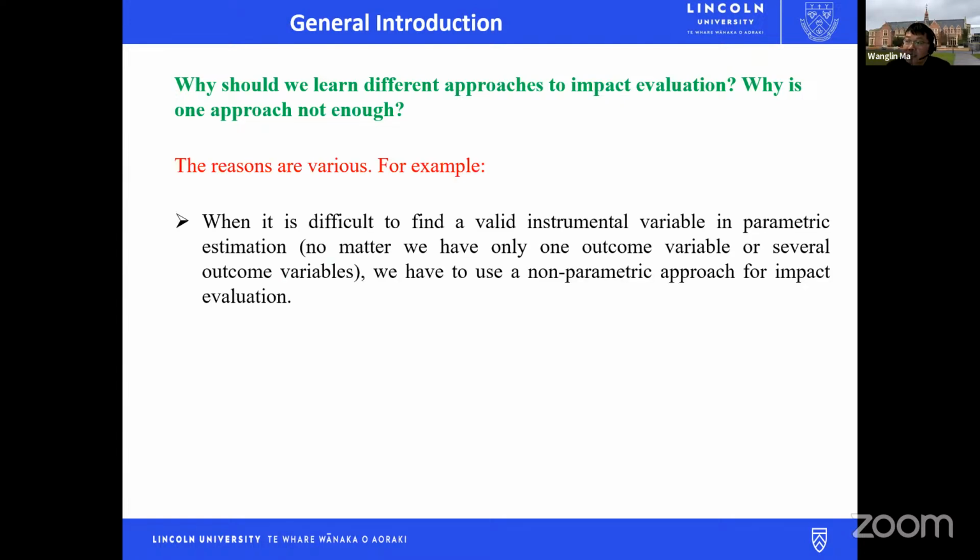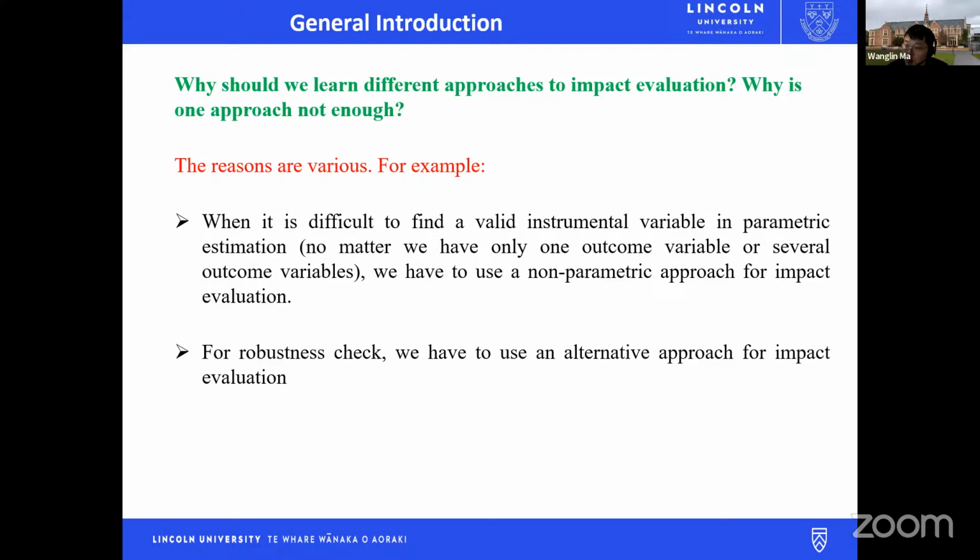So why should we learn different approaches to impact evaluation? Why is one approach not enough? This is because sometimes it is difficult to find a valid instrumental variable in parametric estimation. No matter whether we have only one outcome variable or several outcomes, we have to use a non-parametric approach for impact evaluation.